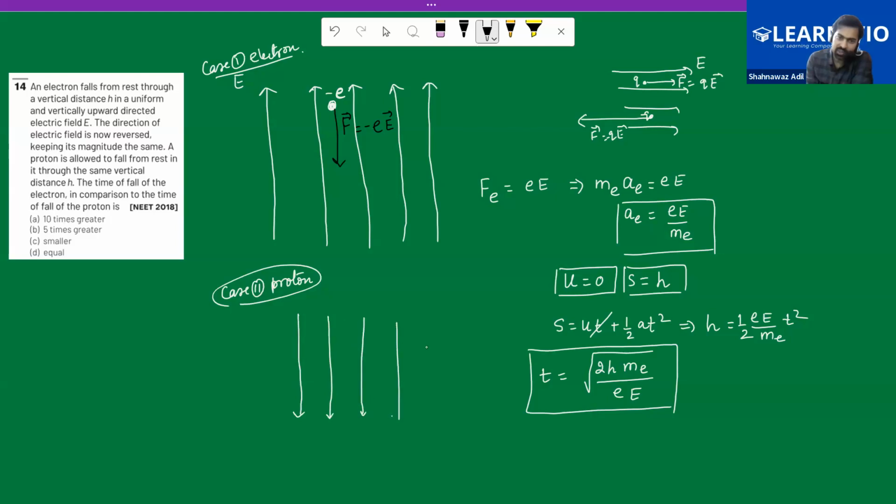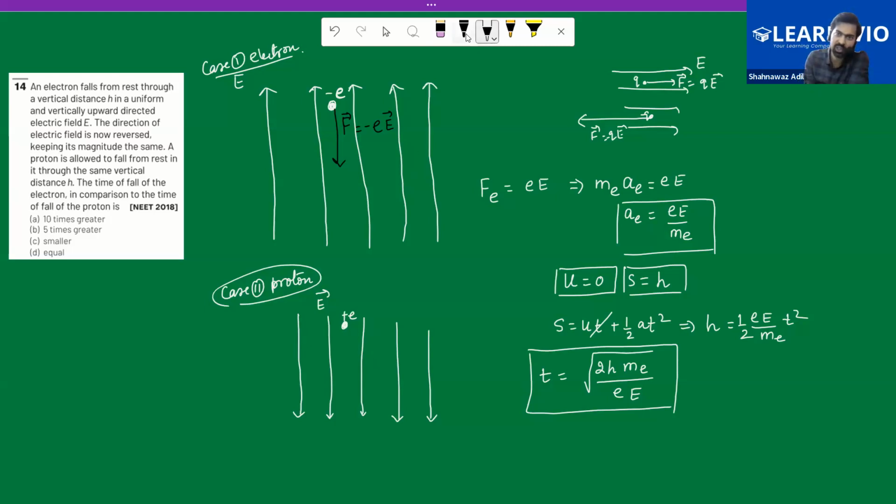So now this is the electric field, and the proton is moving downwards. What would be the direction of the force, upward or downward? Remember, the proton is a positive charge. Downwards, absolutely correct.